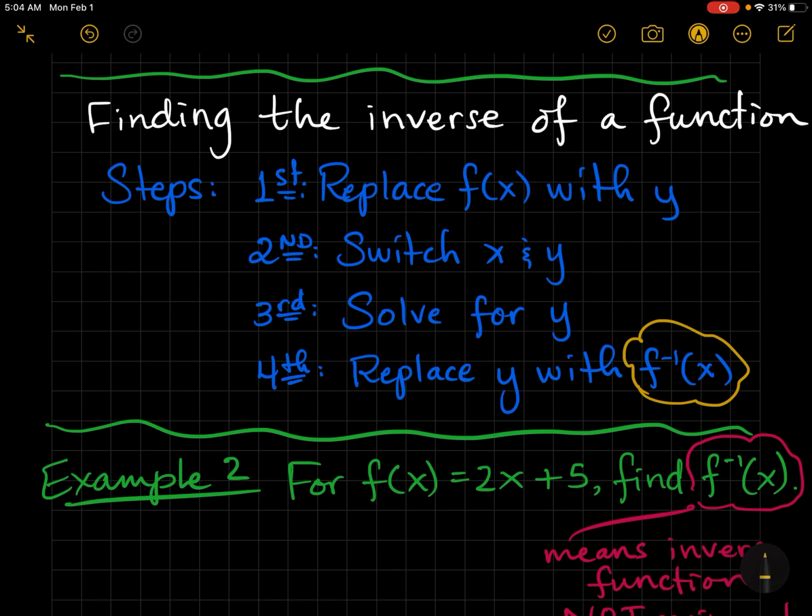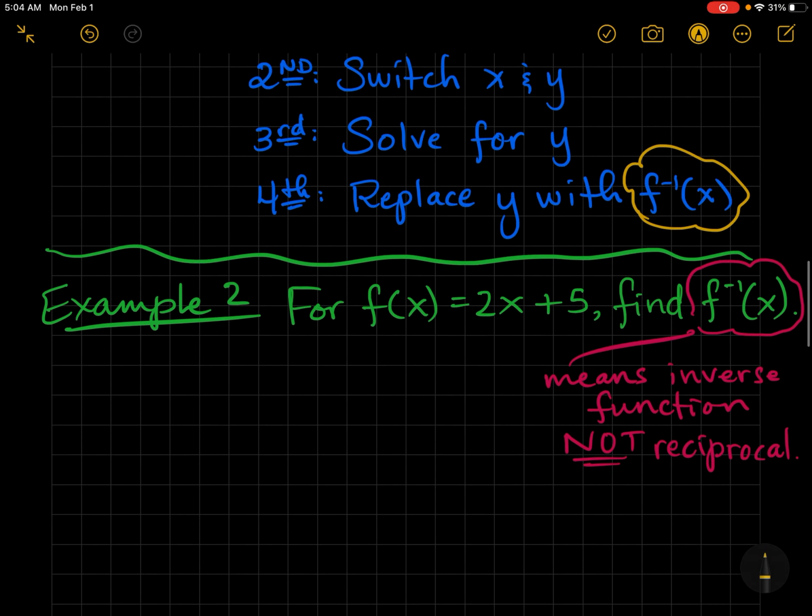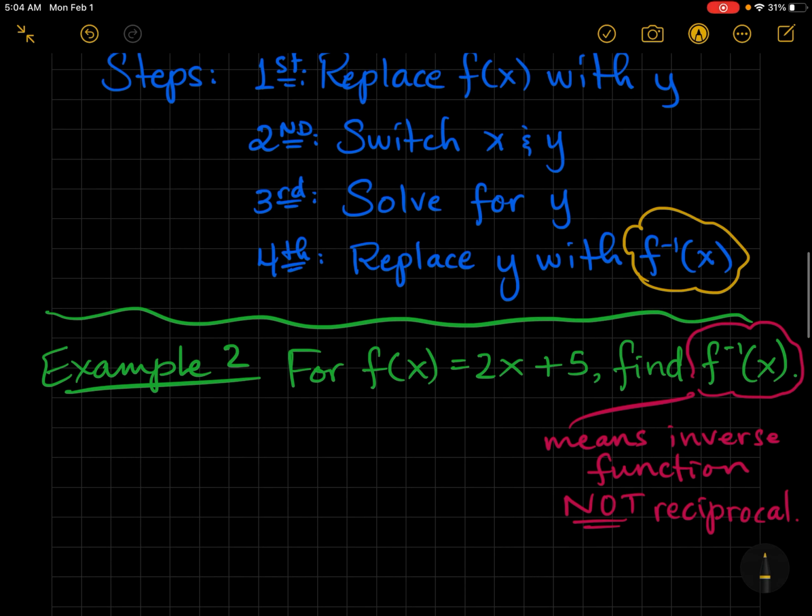And then you're going to remove the y and put in f inverse of x notation. I'm going to show you right here how easy it is to follow those steps. So we're looking for the inverse function. So the first thing I'm going to do is put the y in place of f of x.